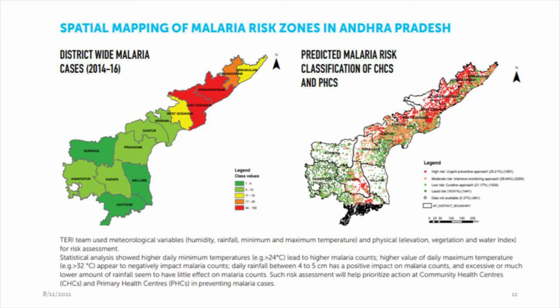Meteorological variables like humidity, rainfall, temperature and physical factors like elevation, vegetation and water index are included for this mapping. On analysis, they found that regions having higher daily minimum temperature report more number of malarial cases. Daily rainfall between 4 to 5 centimeters also had a positive impact on the malaria count. This risk assessment will help us prioritize actions at the PHCs and CHCs in preventing these cases.